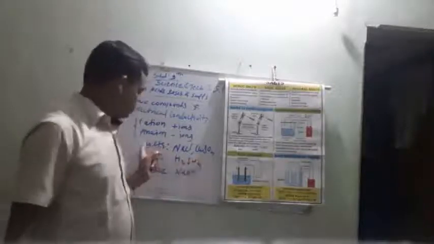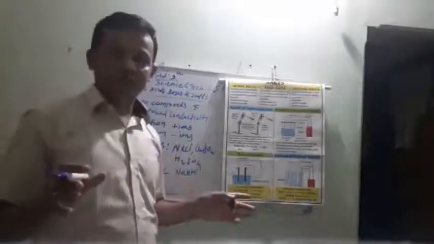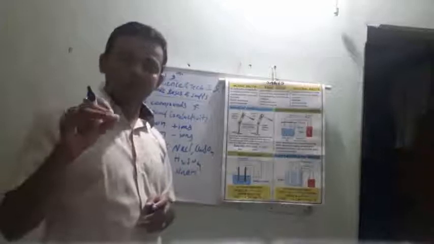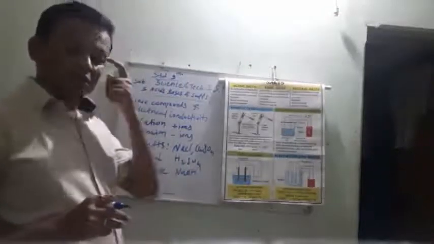So salts, strong acids and strong bases dissociate completely in their aqueous solutions, and there is a formation of ions, and hence they are electrical conductors.